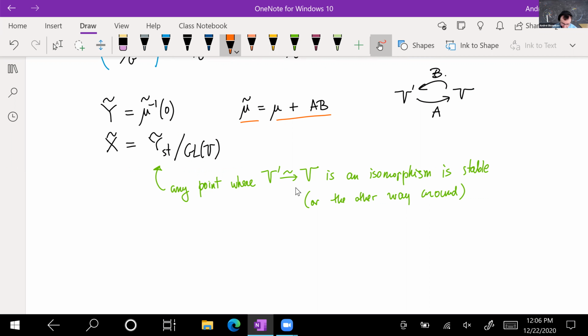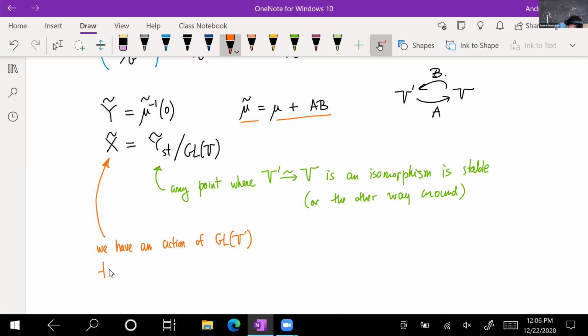Okay. So now what we will do is we take on that space X tilde an action of GLV prime.